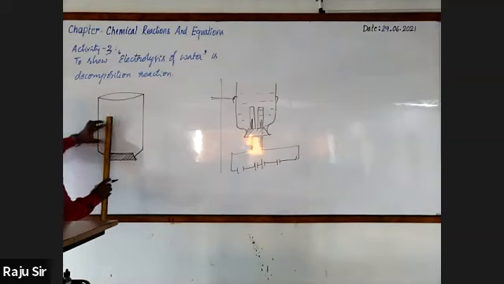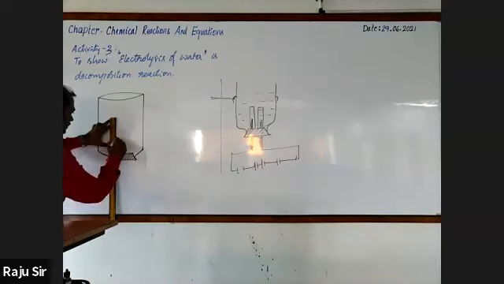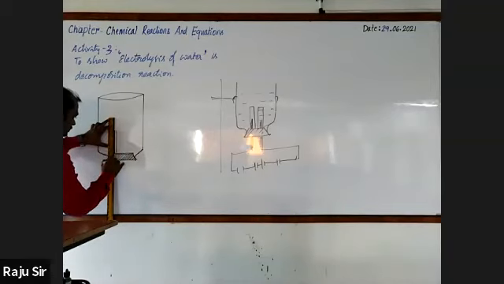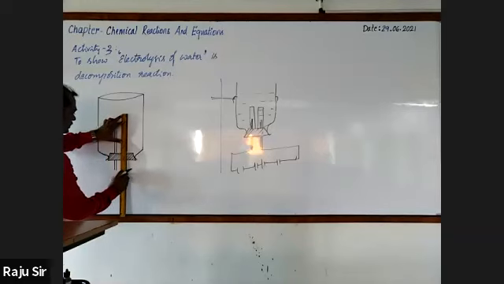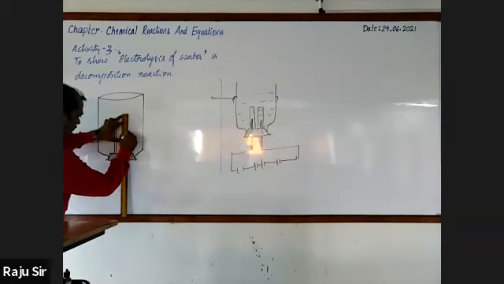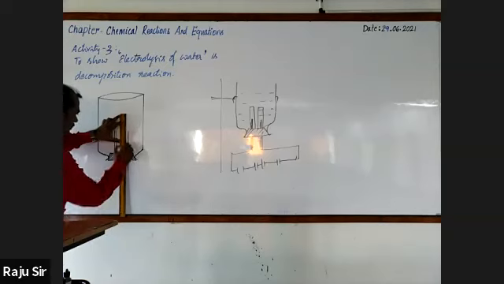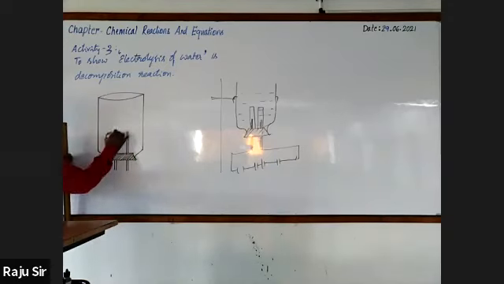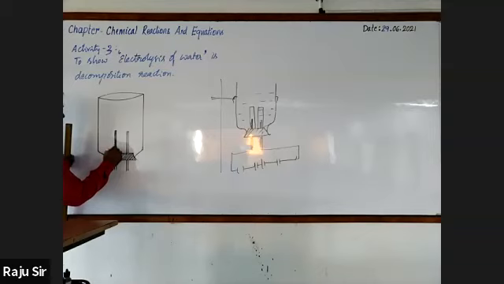Next, take graphite rods and insert them in each of these holes. Here I am showing the graphite rods. These are two graphite rods. If you go on drawing quickly, don't decorate it. You have to finish it as quickly as possible.